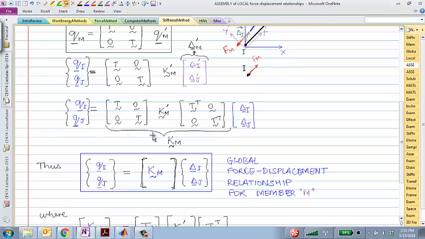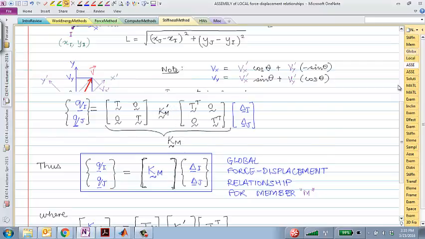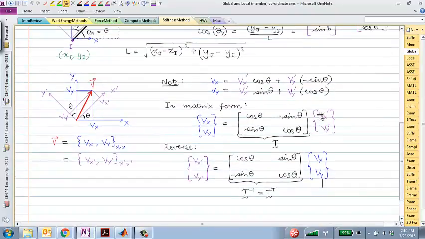So that entire matrix, which is T times Km prime times T transpose, that becomes a global stiffness matrix. And this is a common theme that you'll see for vector transformations and matrix transformations. If you want to transform a vector from local to global, you multiply the transformation matrix T times that vector, and that gives you global.